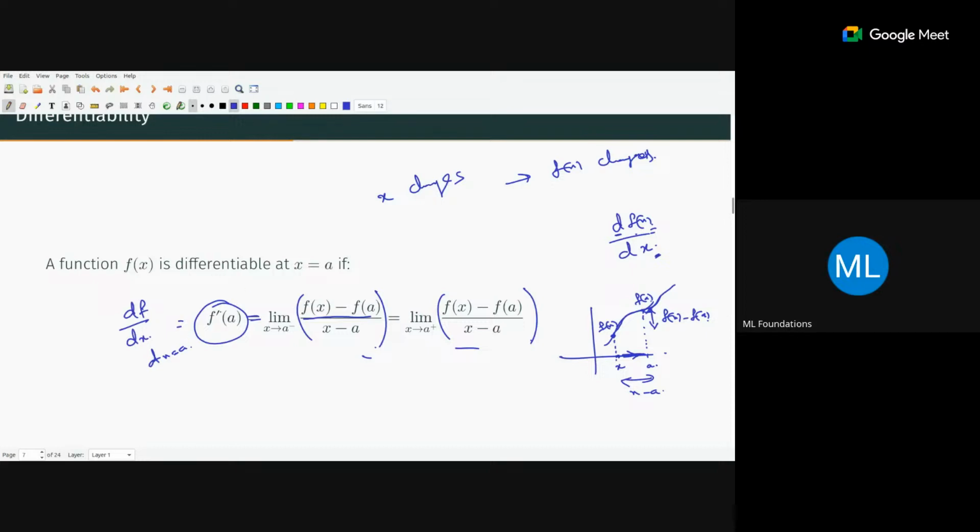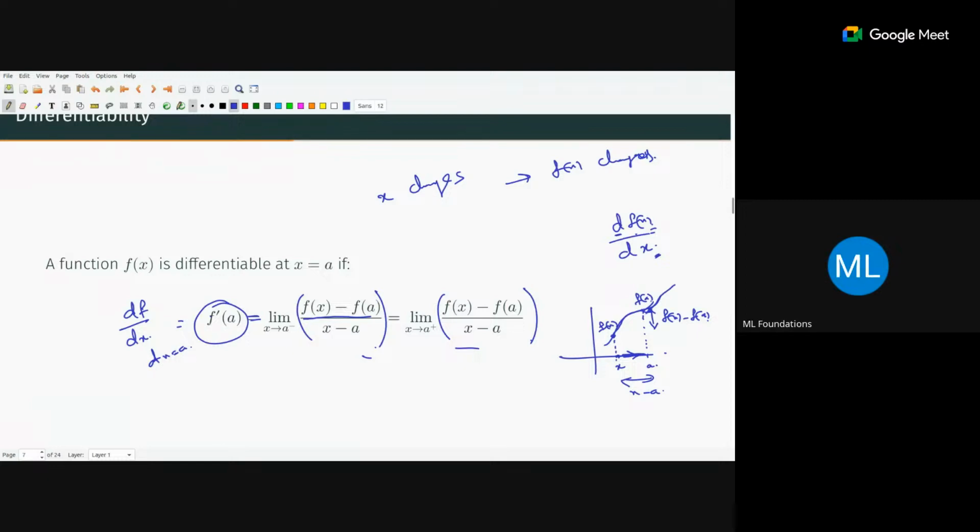The derivative value at x equals a is denoted as f dash of a, and it is equal to the limit as x tends to a of f of x minus f of a divided by x minus a. The numerator is the difference of the function values and the denominator is the difference in x.